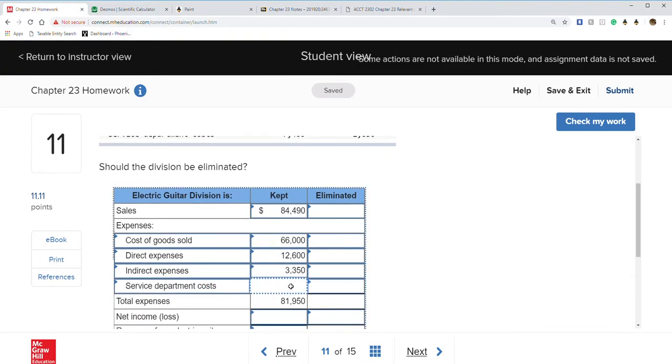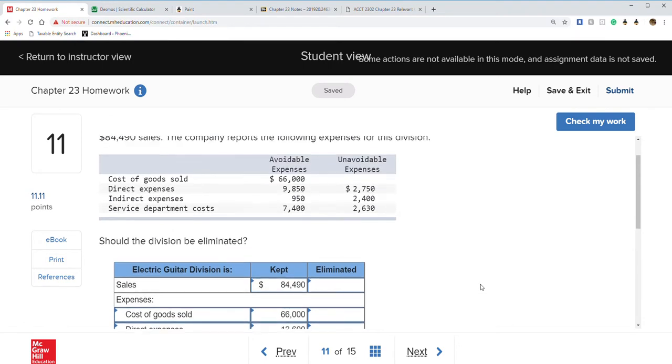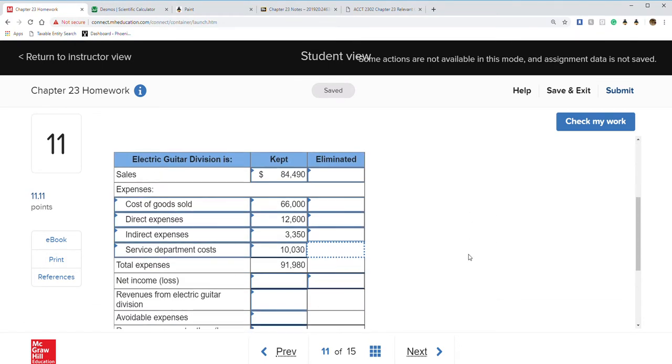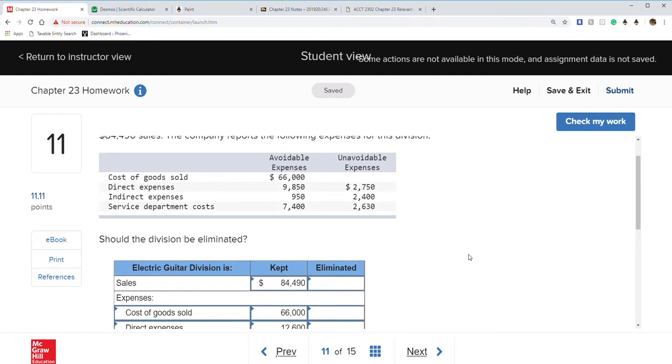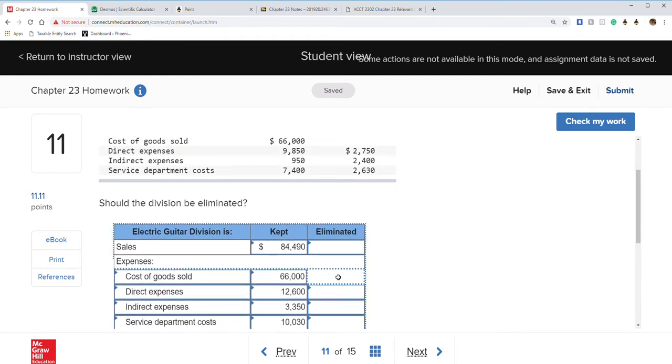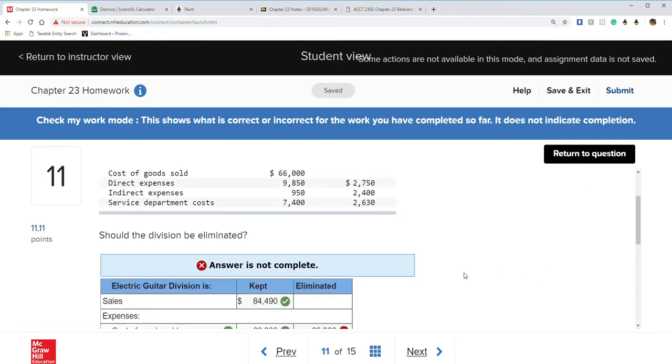Yay. And 91,980. Everything's good. Okay. Now, when we look at expenses, what's going to be eliminated? It's probably the 66,000, 9,850, 950, and 7,400. Let's check.